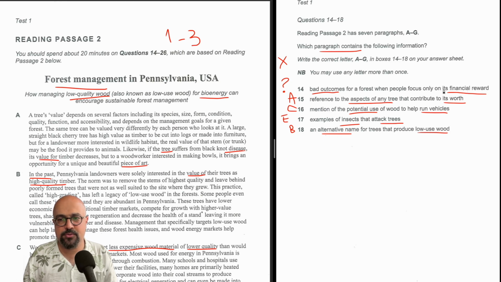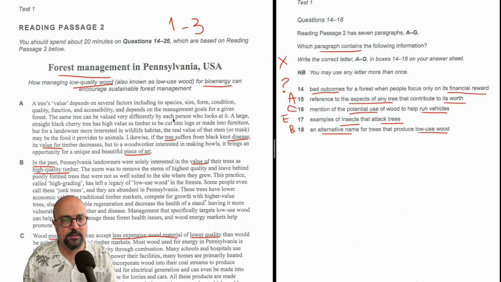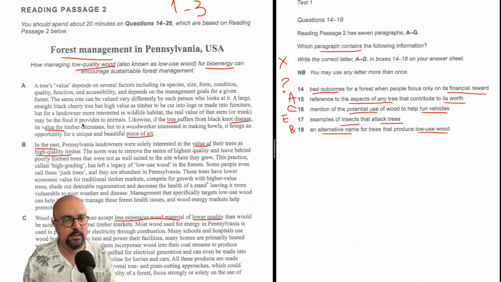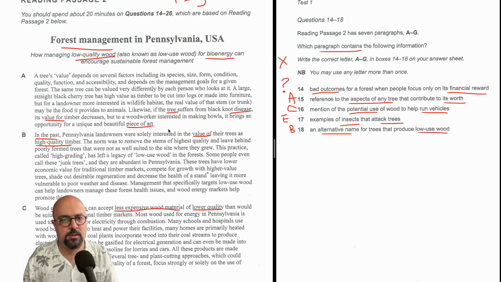Financial reward, money, value, real value. Bad outcomes, so something negative and money. Negative financial reward. Value. No. Okay. Some people even, okay. Economic value, financial reward, compete for growth with high value.